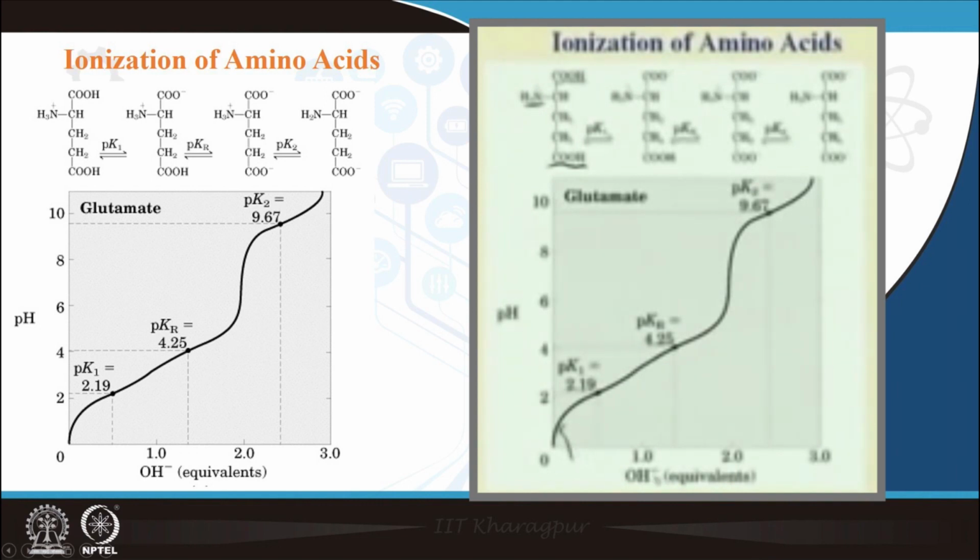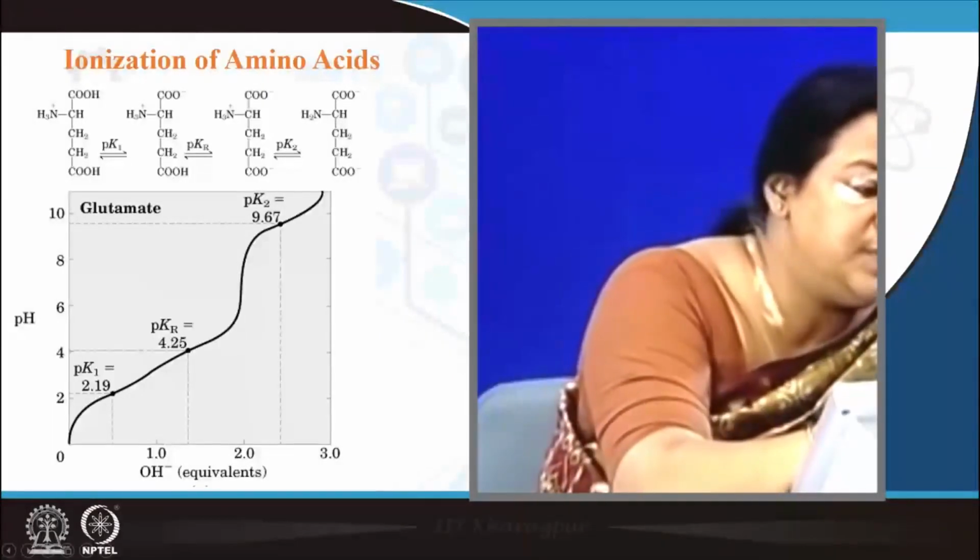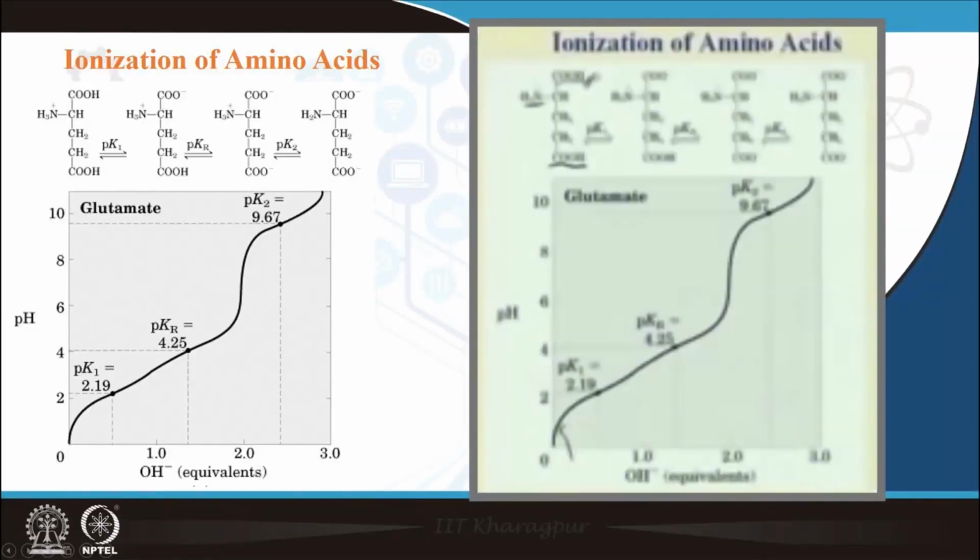I am now adding OH minus. What is going to happen? I will start abstracting the proton, or rather the group that will most easily lose its proton will start the equilibration. So that will be this proton. The proton that belongs to the carboxylic acid of the amino acid, not of the side chain, will be lost first. Okay? So what is the species that is being formed?